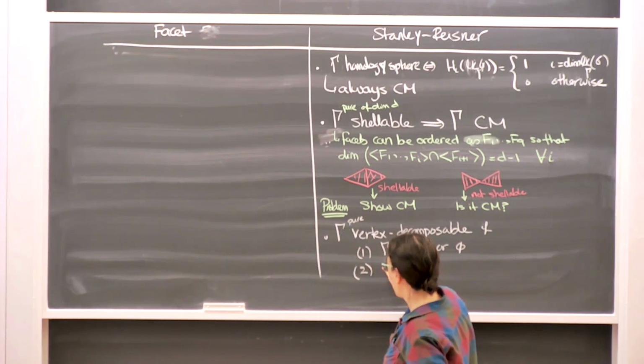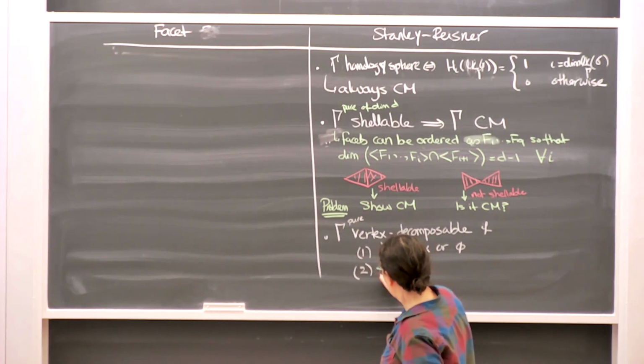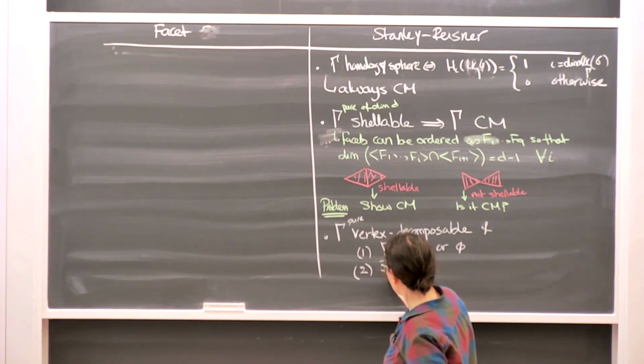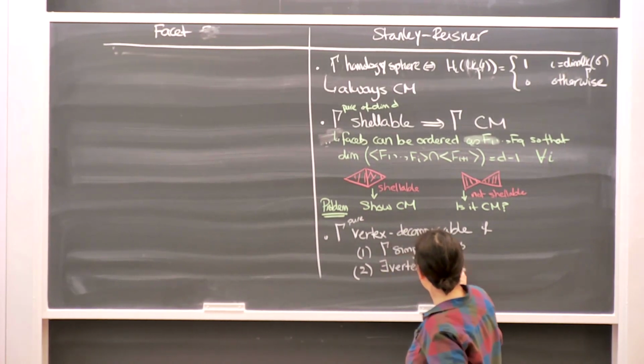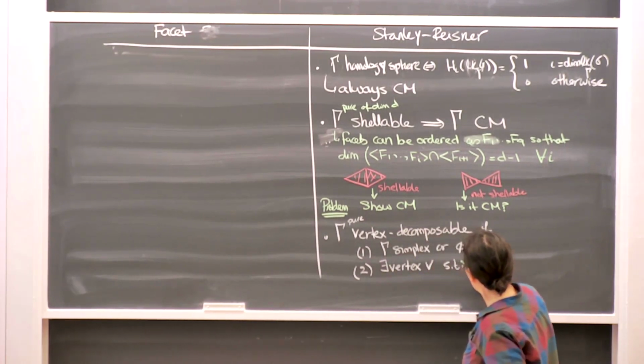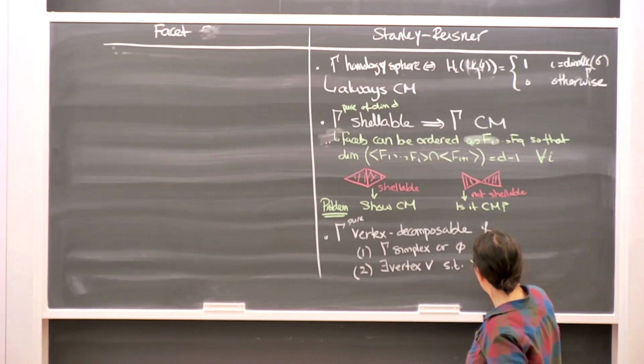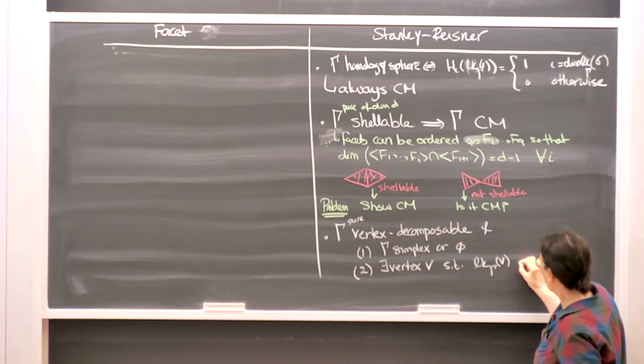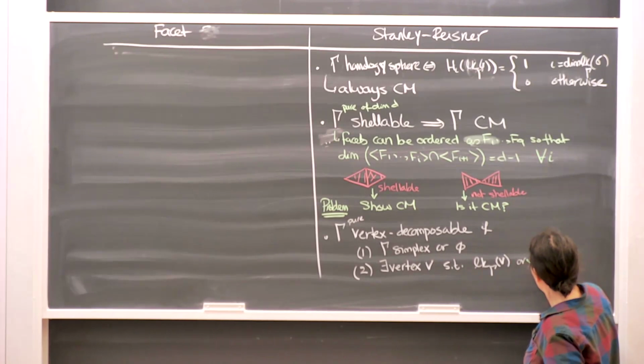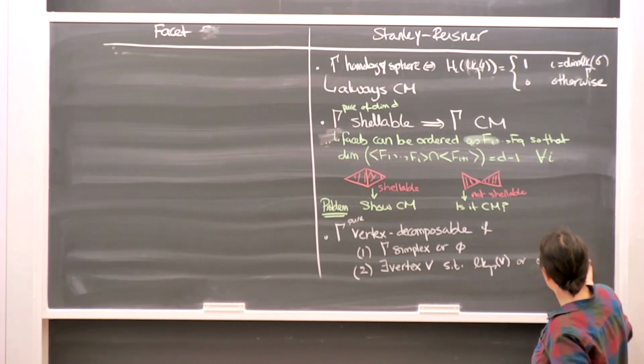Two, there exists a vertex v such that the link of that vertex and the deletion of that vertex are vertex decomposable.